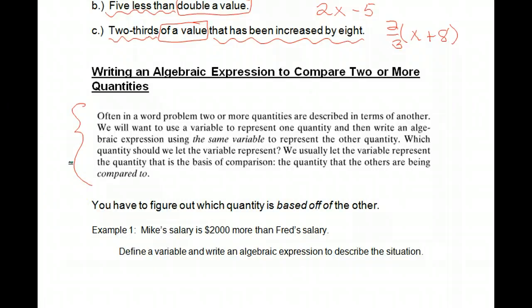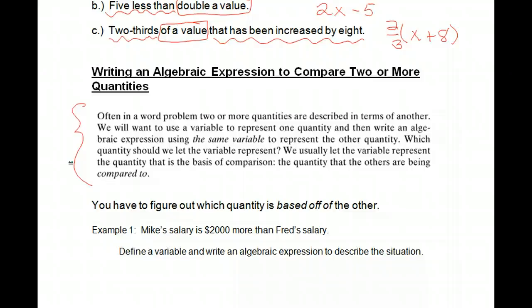And what we're going to start doing is figuring out what we're solving for, as well as what's missing in our problems. What we're going to be doing here is what's called defining a variable.